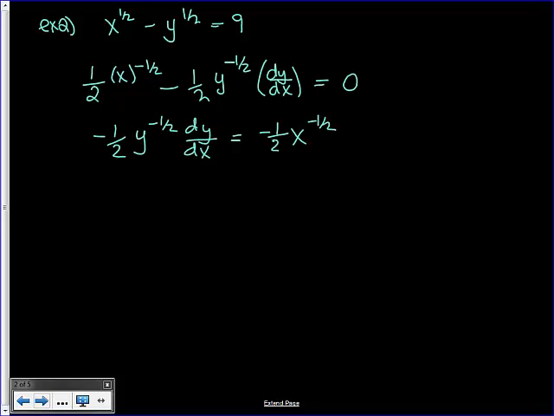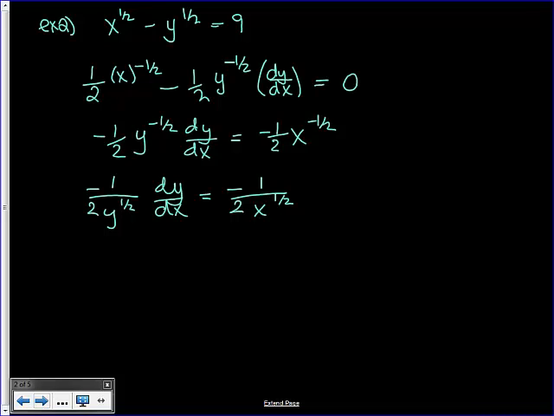Okay, let's clean this up just a little bit to make my algebra a little nicer. Well, I can write that as negative 1 over 2y to the positive 1/2, because remember, negative exponents, move them down to the bottom, they become positive. dy/dx equals negative 1/2 x to the 1/2.